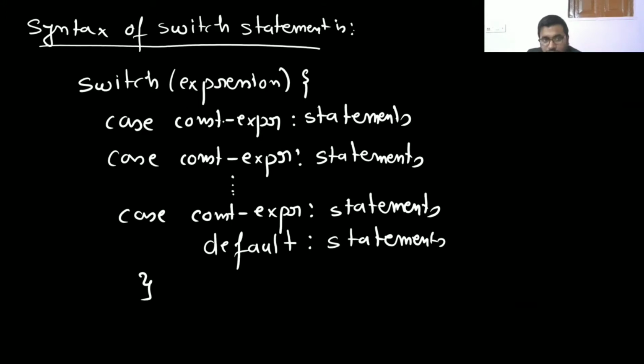If you have given me some expression and it has some value, it will be checked whether this expression is equal to the constant expression of this case. Then we execute all these statements. If the expression value is not equal to the constant expression of any case, then the default case will get executed.